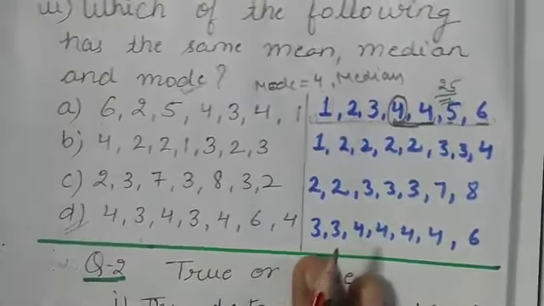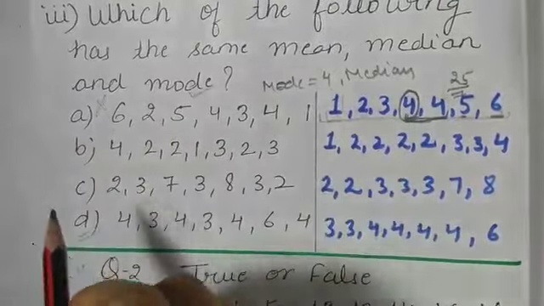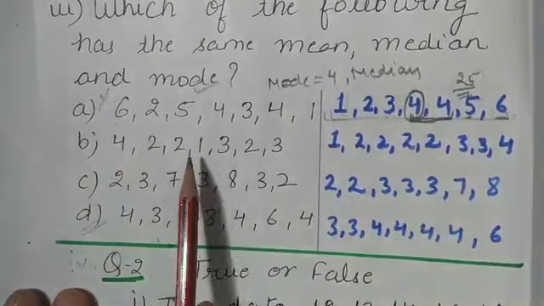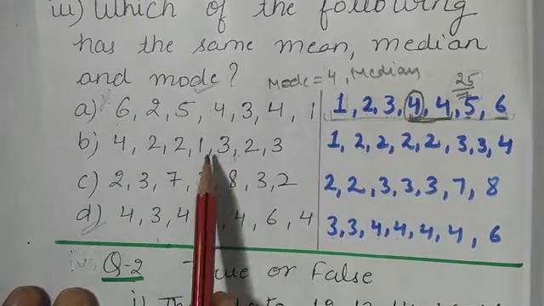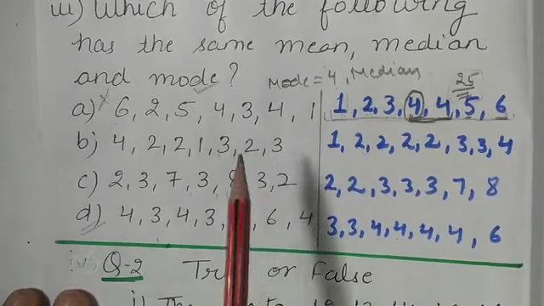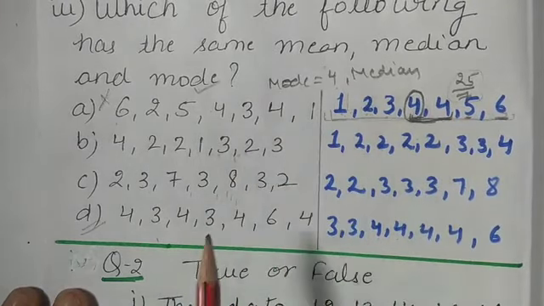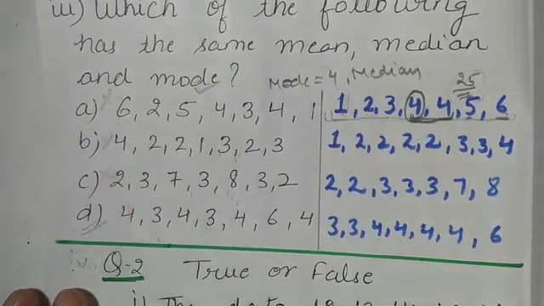So in this case mean, median and mode are not the same. So this is the wrong option. Same, if you check these two options, they will also cancel out. Here median and mode will be the same, but the mean will not be the same as the mode and median.